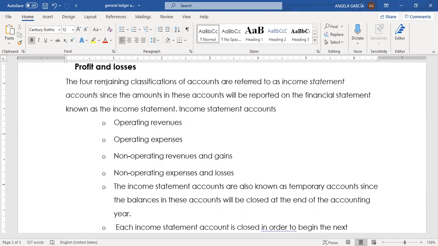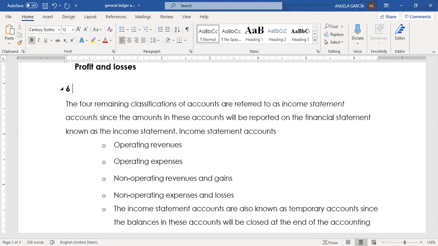So it depends on the company. If it is a manufacturing company, if it is a service company, it depends on the kind of company. But usually there are standard groups for any type of company. It could be 6 groups. So we have 6 groups of accounts. That's the standard.